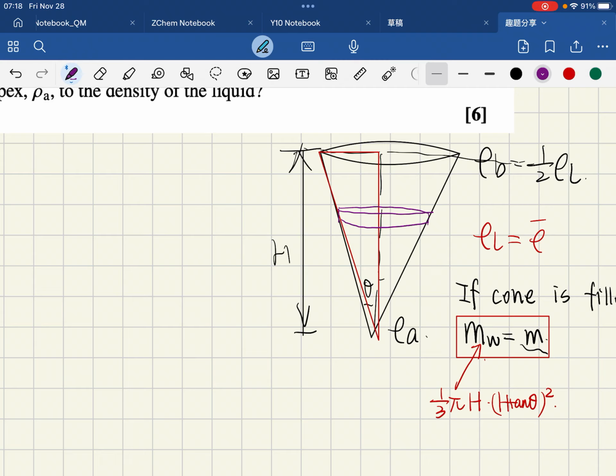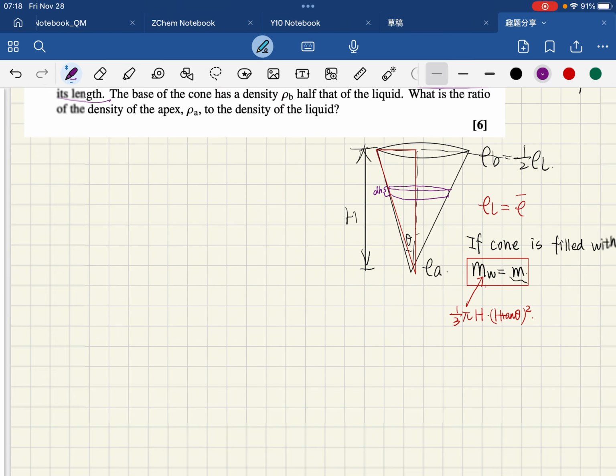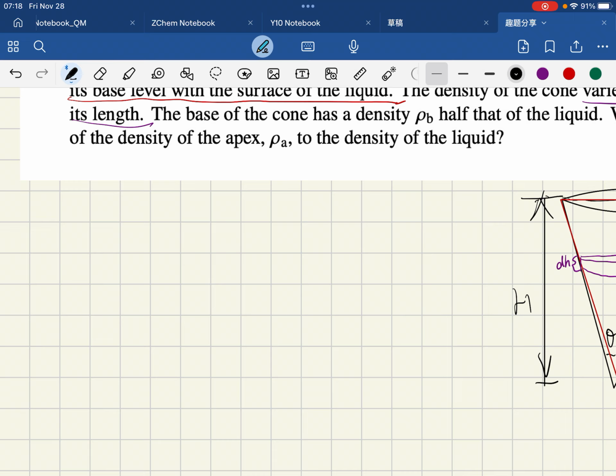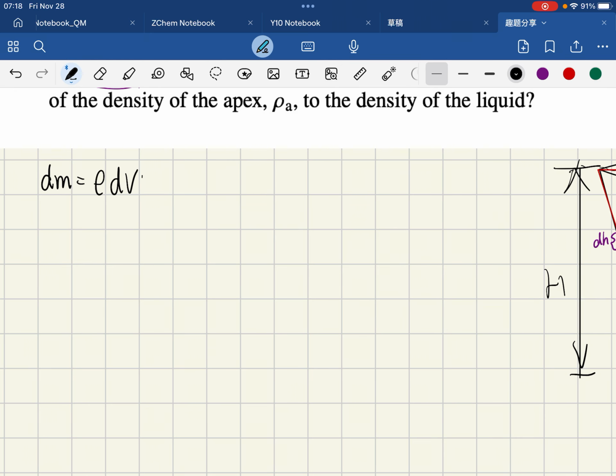It's a bad drawing, but anyway. Over a small length, we can assume that the density doesn't change. So dm equals rho dV. We should always slice the objects in the direction of variation.